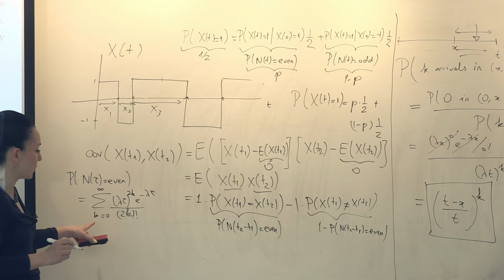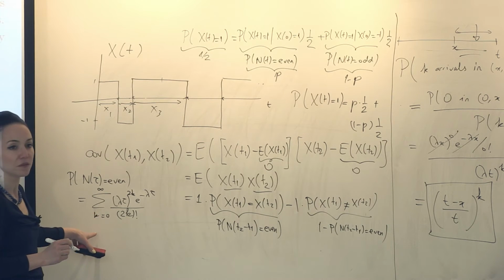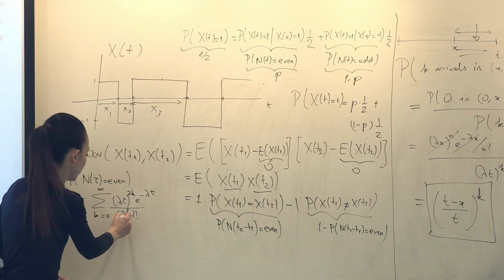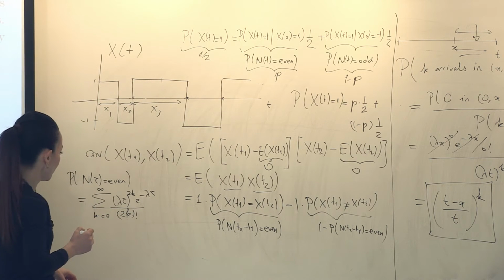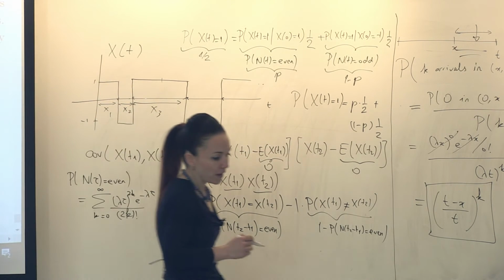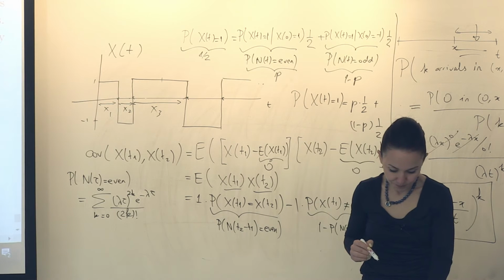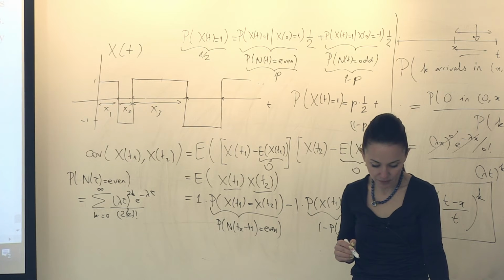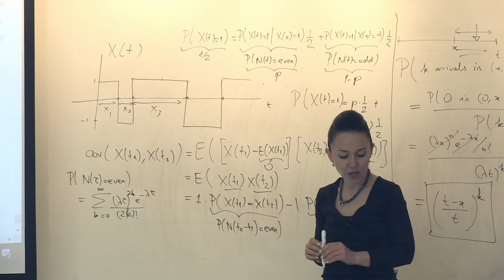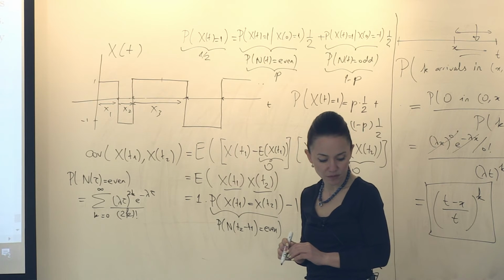So now I'm summing over only even entries in the summation, in the Poisson PMF. Let's see if that's going to help. Yeah, it does.